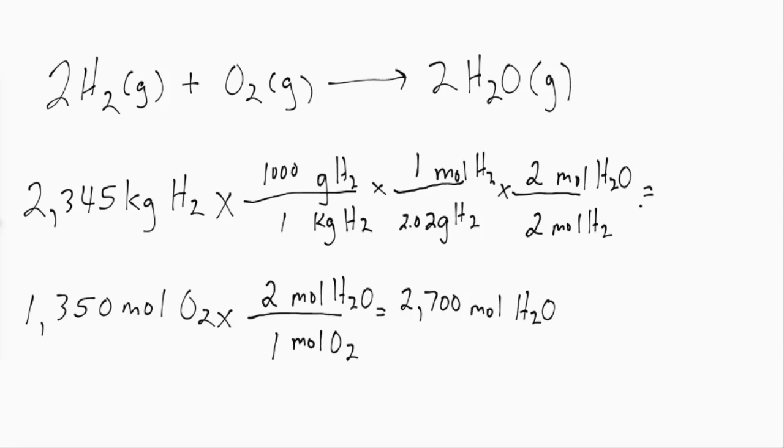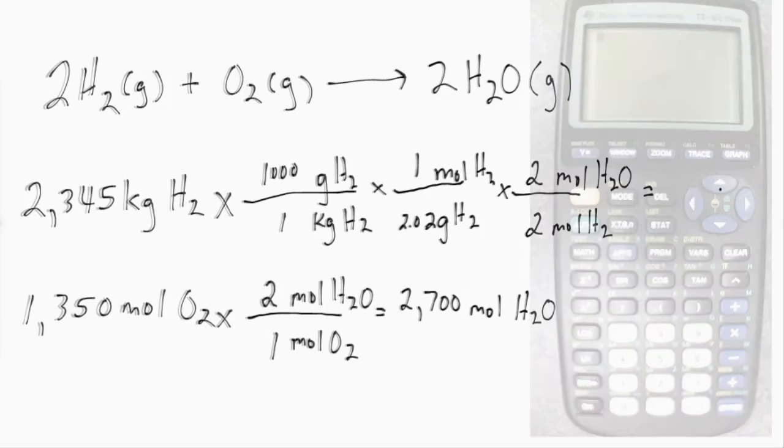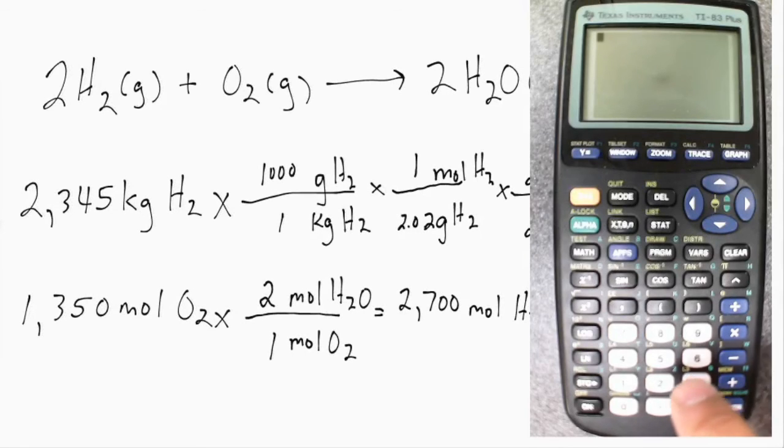And this one, I got to use the calculator, so let's go ahead and do that. So 2, 3, 4, 5 times 1,000, enter, divided by 2.02, enter, times 2 divided by 2. It's just really multiplying it by 1, so I don't really need to input that.